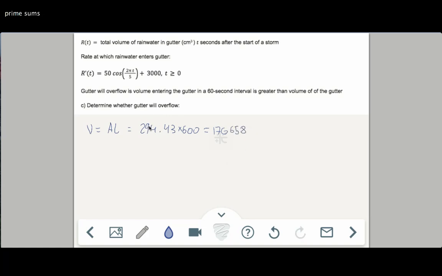Depending on how much precision we use for the cross-sectional area, we could get something slightly different, but that's the total volume, more or less.